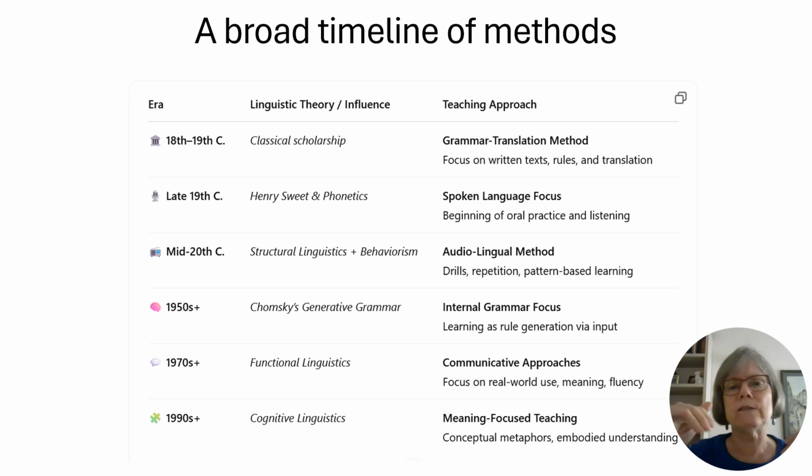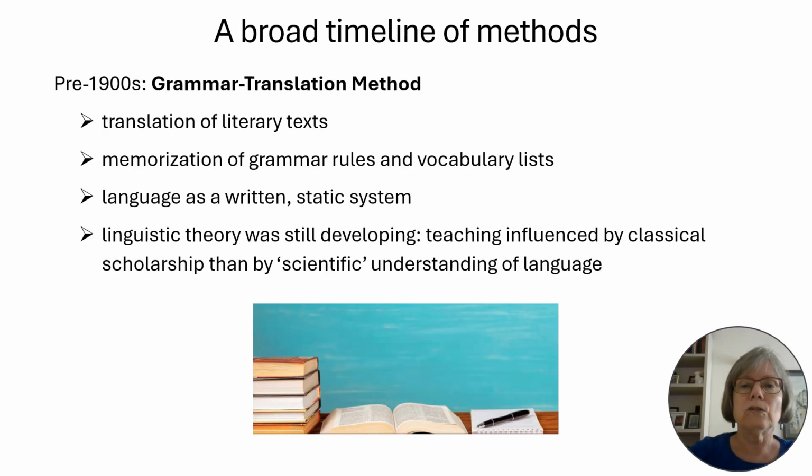But each of these ways of thinking about teaching and learning languages did become predominant at a given time. And often they were in reaction to a previous way of thinking about language and also about teaching language. So we'll start with the grammar translation method.